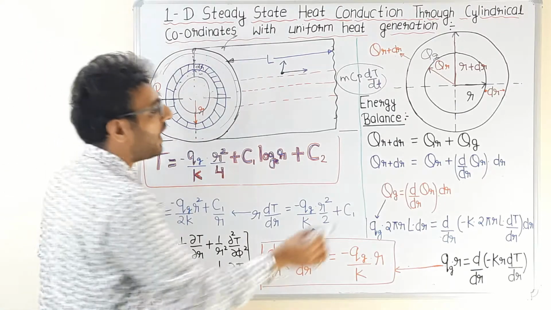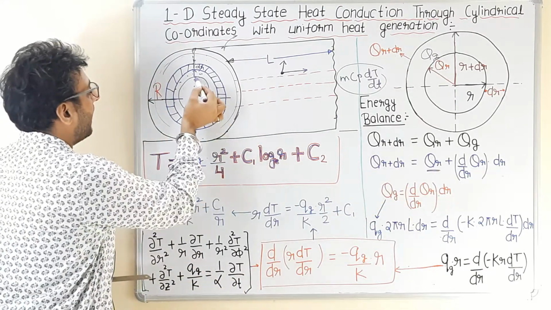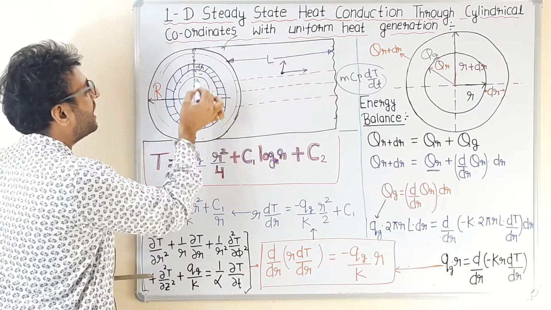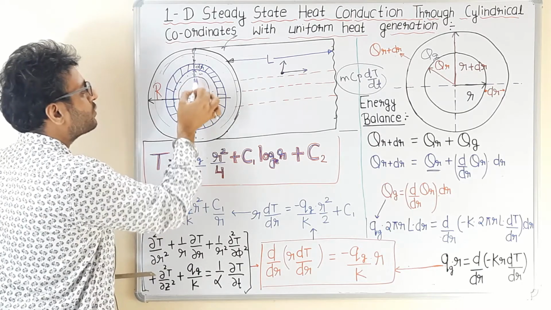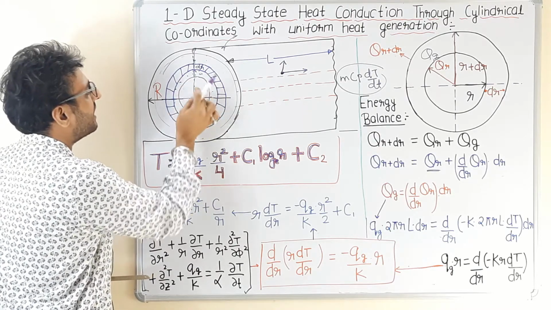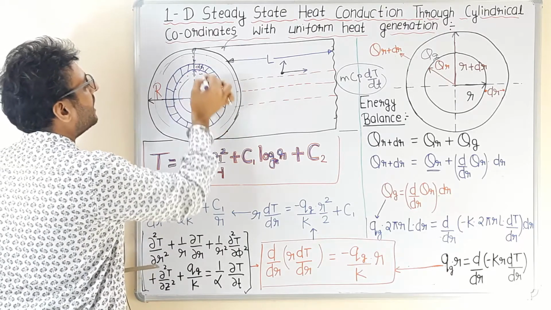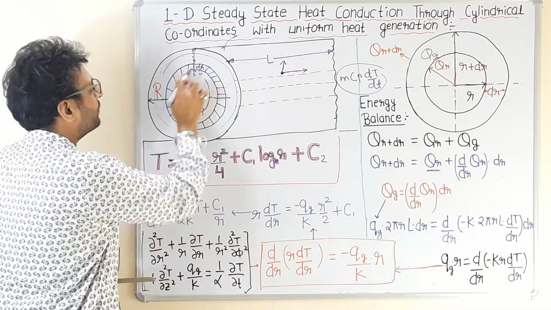So Qr is the heat generated by the elements which are nearer to the center of the cylinder. Whatever heat is generated in this portion of the cylinder is conducted to this element. So Qr is the heat generated in this portion.